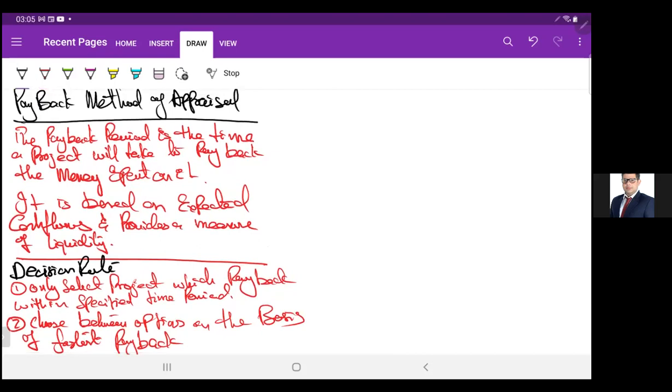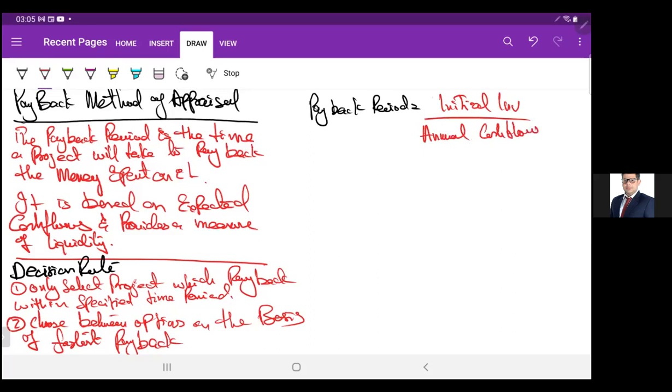How to compute? What's the formula of payback period? Payback period is equal to initial investment divided by annual cash flow.